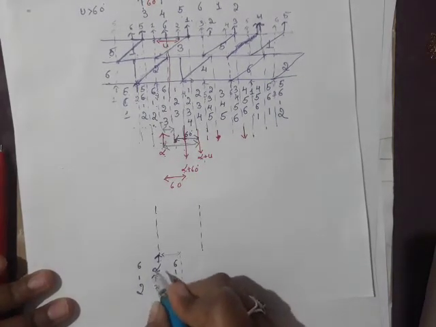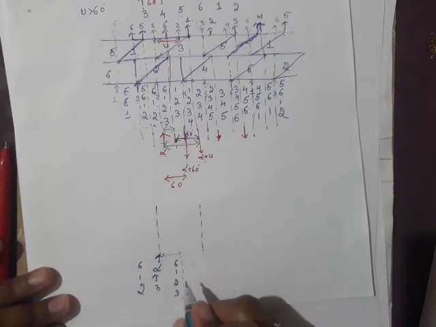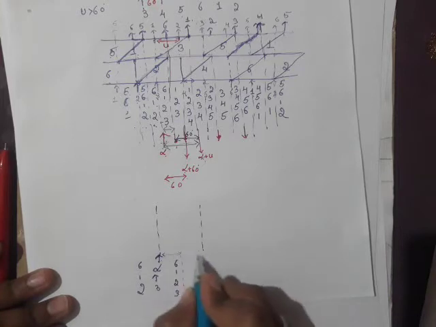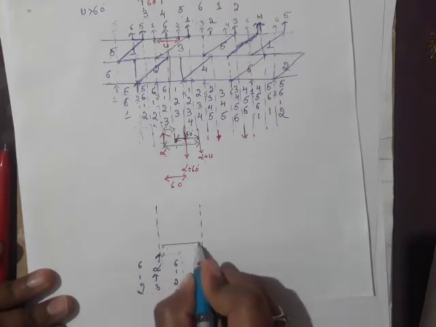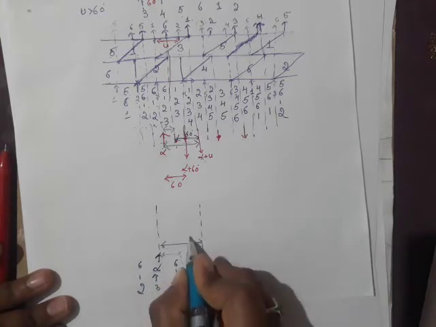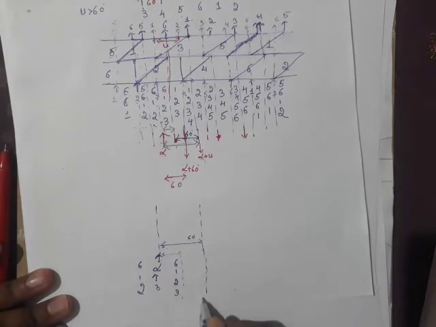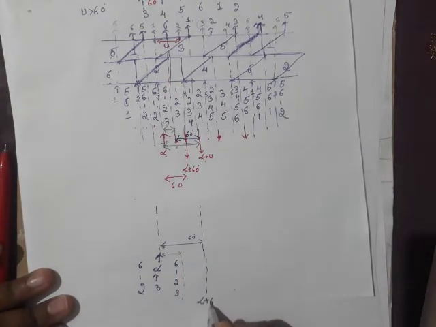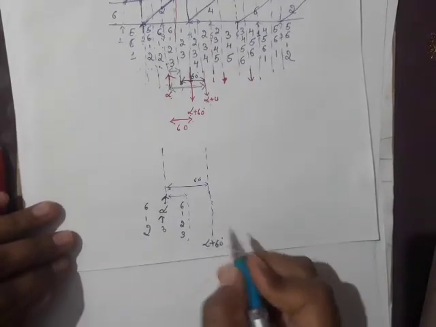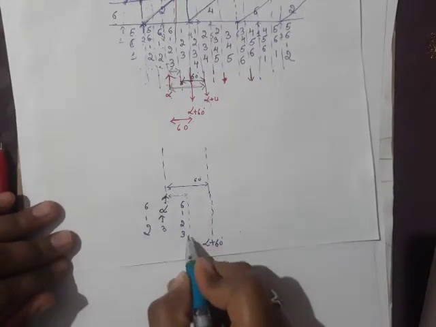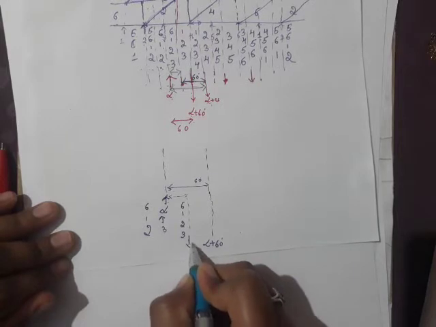When valve number 3 comes into conduction, the combination of valves will conduct for a further 60 degree. So totally from here to here it is 60 degree, and I can call this point alpha plus 60. At this point, valve number 6 goes out of conduction.